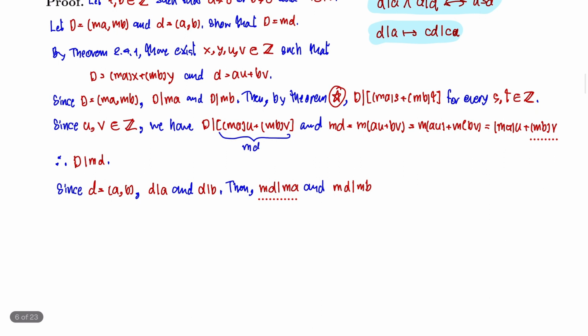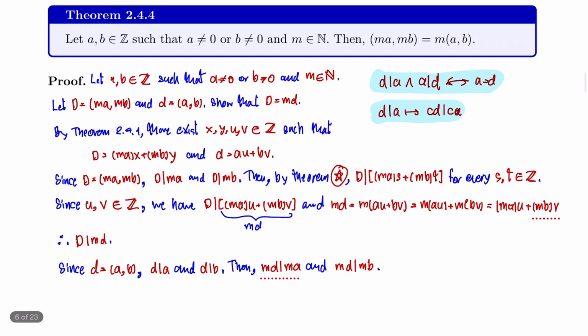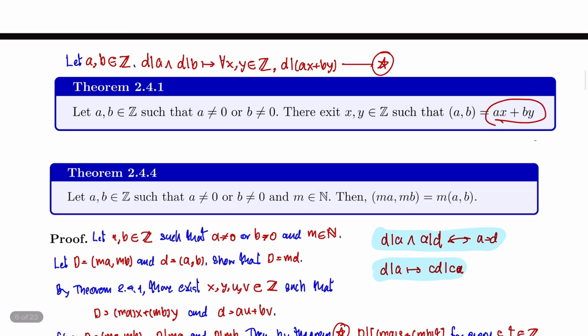Actually, we only use four theorems right now. So now let's continue. If you have md divides ma and md divides mb, so what do we have next? I'm going to use this theorem star here.